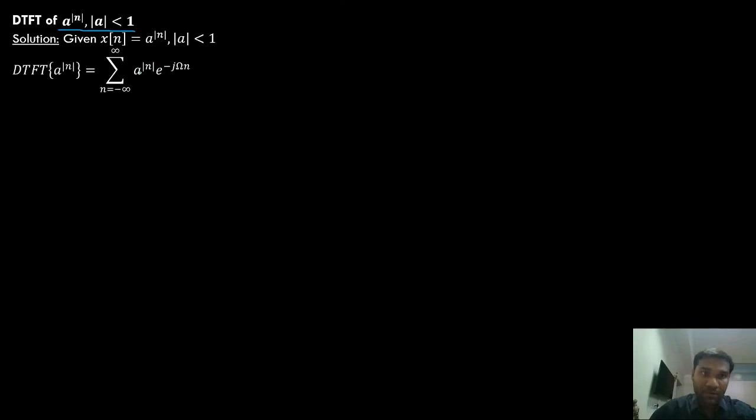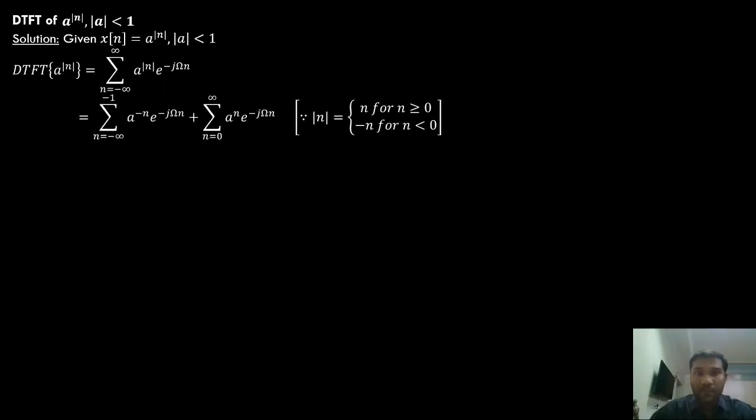Now we have to substitute the definition of mod n. What is mod n? Mod n is equal to negative n for n less than 0 and n for n greater than or equal to 0.